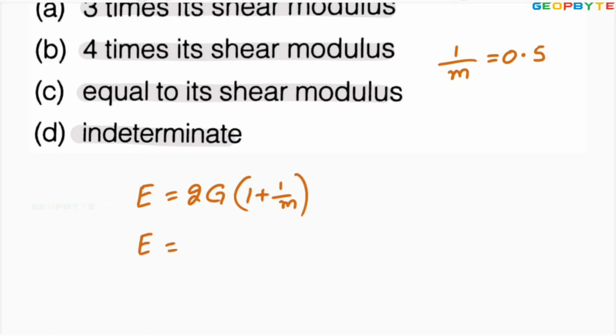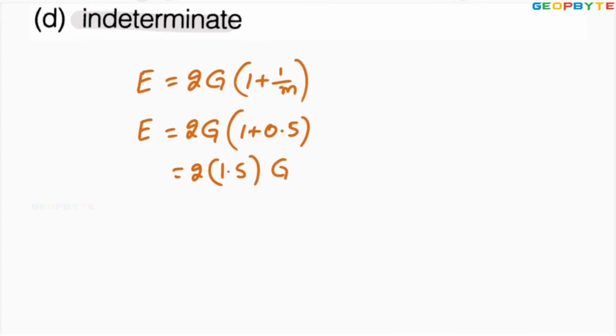Given 1 by m is 0.5, so it is equal to 2 into 1.5 into G. So it is equal to 3 times the shear modulus.